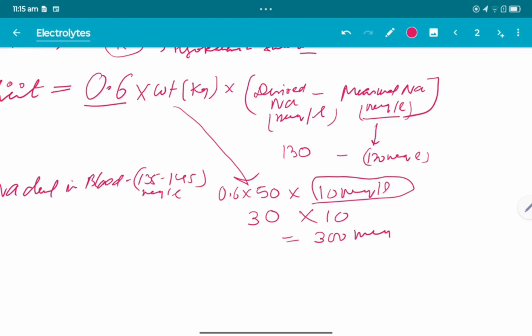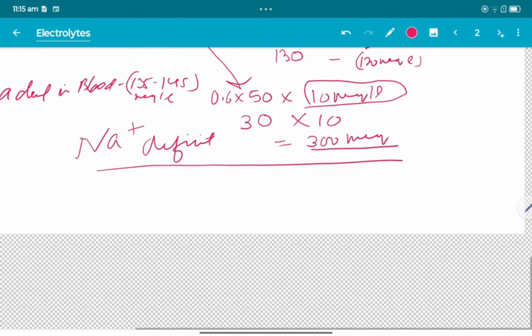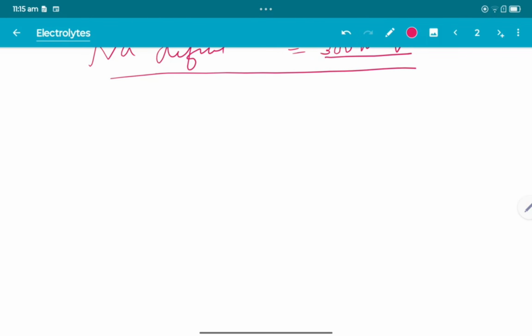300 milliequivalent. So this is the deficit of sodium that you must replace. Okay, so 300 milliequivalent of deficit that you must replace. So what is the total body water? How has 0.6 come?